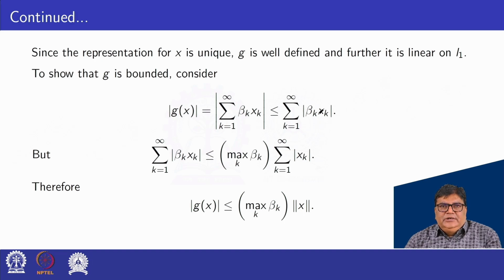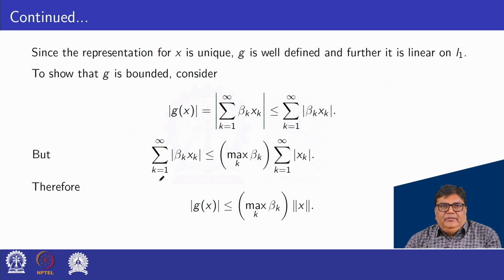Each βk, k = 1 to n. If we replace each βk by max βk, and max βk can be common, it can be written as summation |βk xk| less than or equal to max of |βk| into summation k = 1 to infinity |xk|.